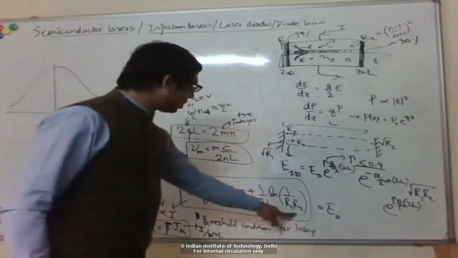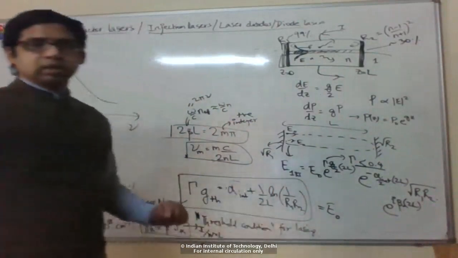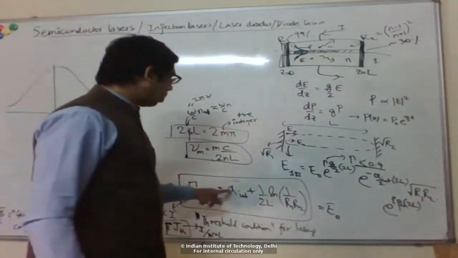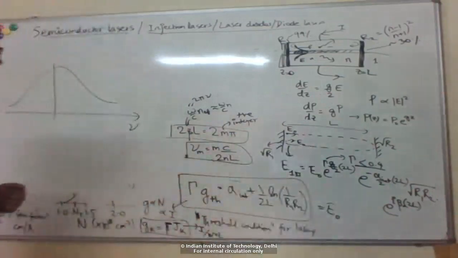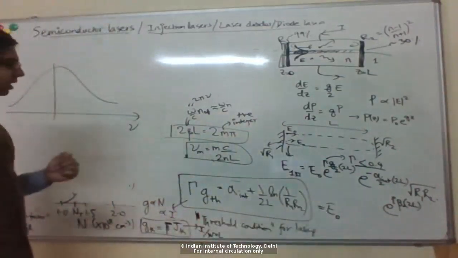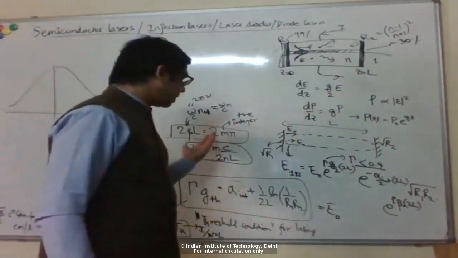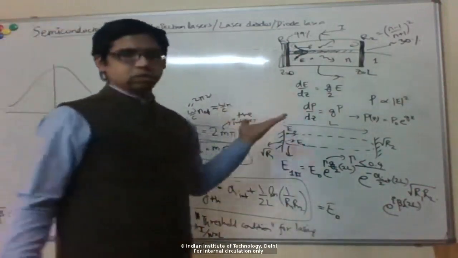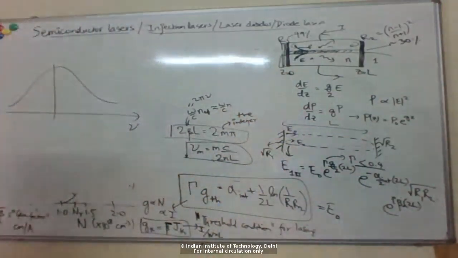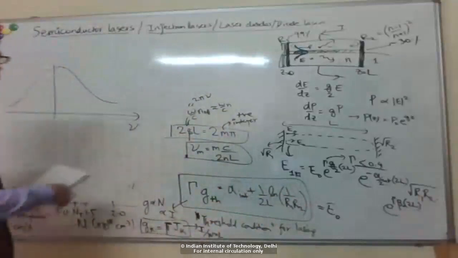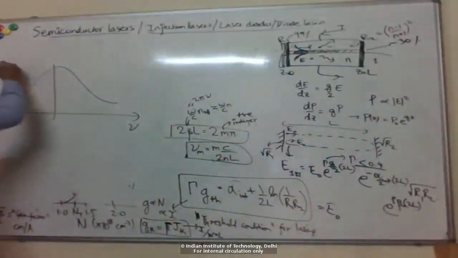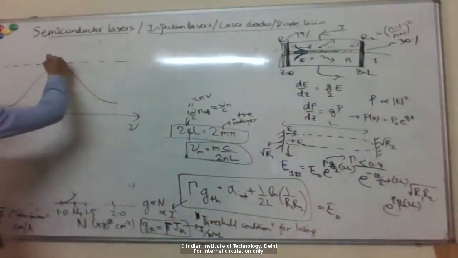In general the right hand side could also be frequency dependent, but typically over the range of wavelengths we are looking at, just over the gain bandwidth of the laser, the loss coefficient is frequency independent, and the mirror reflectivities are also not dependent on the frequency. So the right hand side is a constant with respect to frequency, so that is some value here.